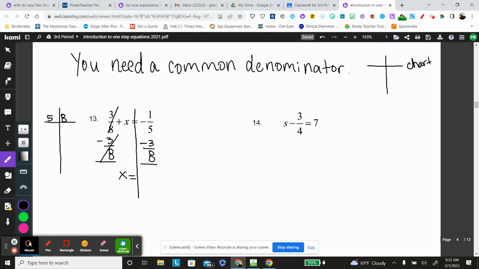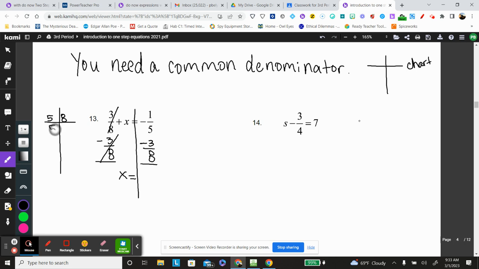Okay, anybody need a multiplication chart? No? It'd be 40. Okay, it is 40, but I'm going to skip count, okay?